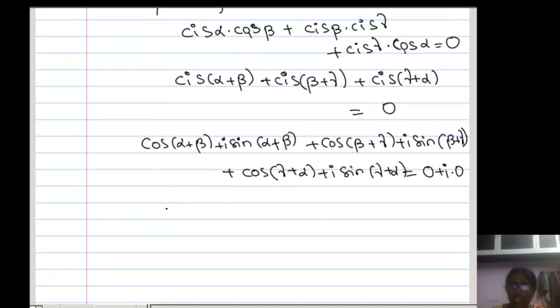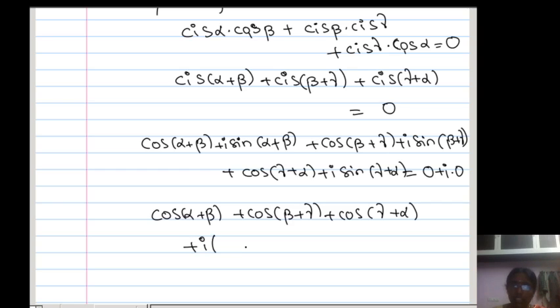Now compare real and imaginary parts. The real part is cos alpha plus beta plus cos beta plus gamma plus cos gamma plus alpha. This is the real part. Then I take i common: sin alpha plus beta plus sin beta plus gamma plus sin gamma plus alpha is equal to 0 plus i into 0.